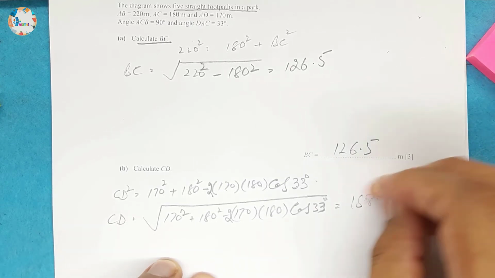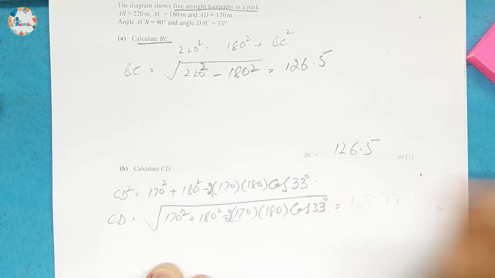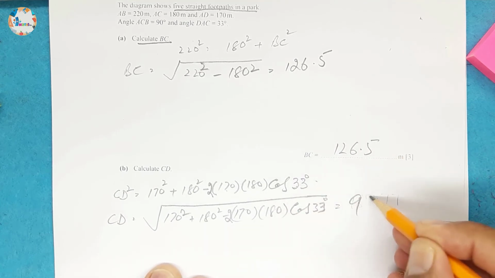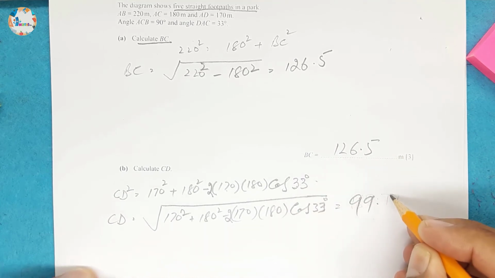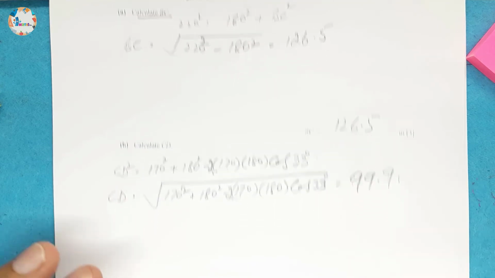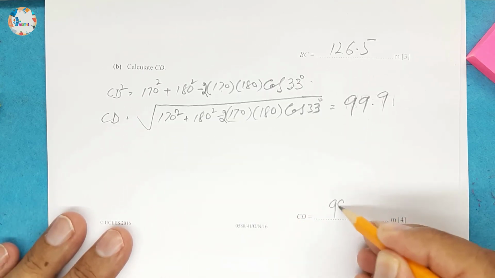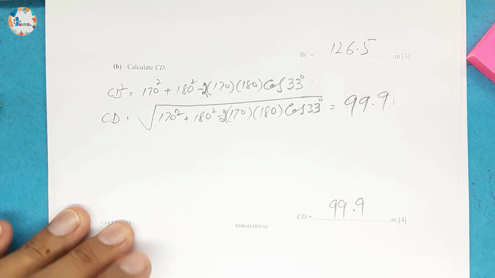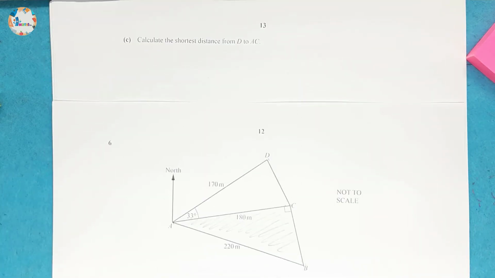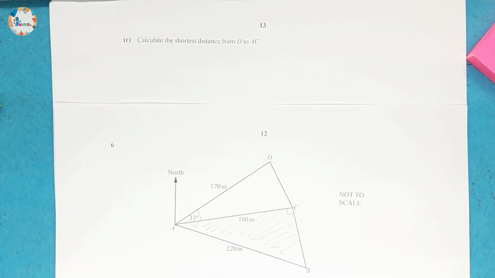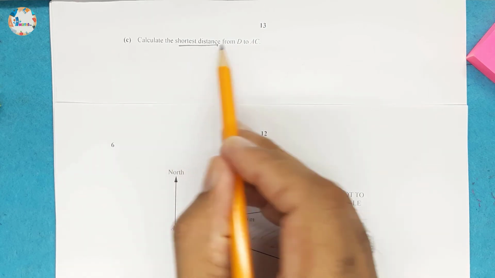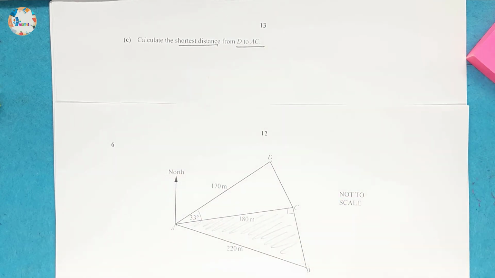So we will correct this answer as 99.86, or we can write it as 99.9. So our answer will be 99.9 meters.